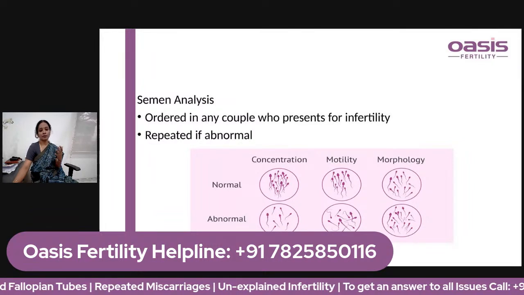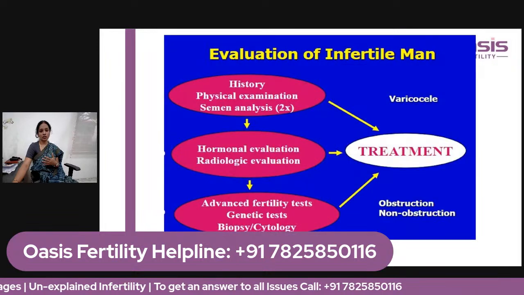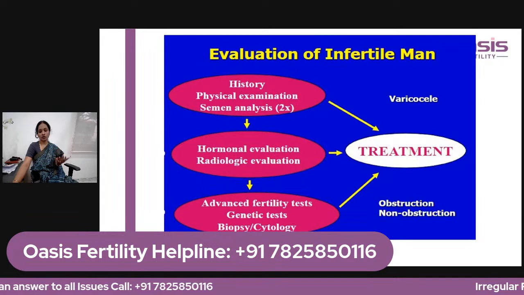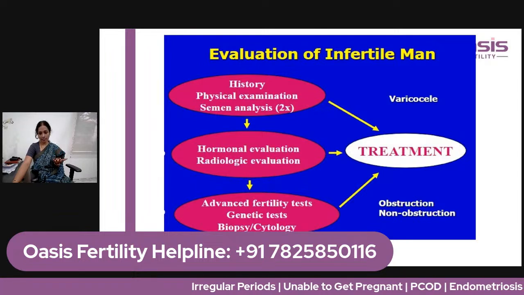So any semen abnormalities that are identified require further evaluation. Initially, the evaluation of the male consists of history and examination, and then semen analysis is the first-line test that we do.